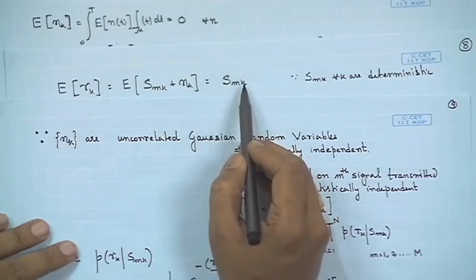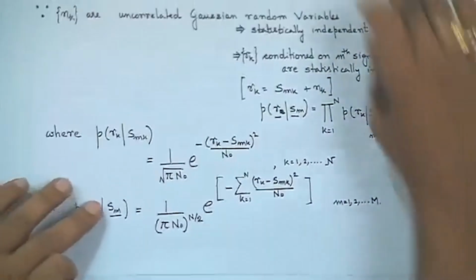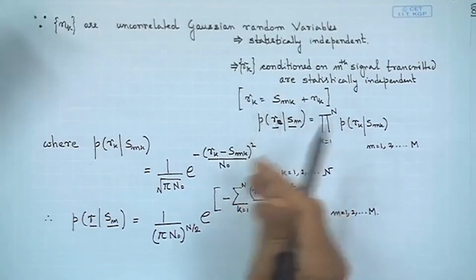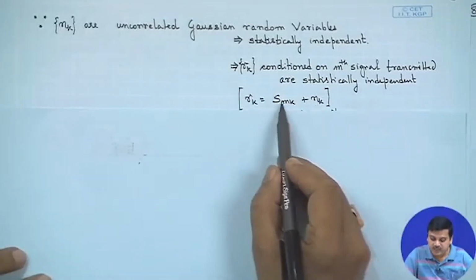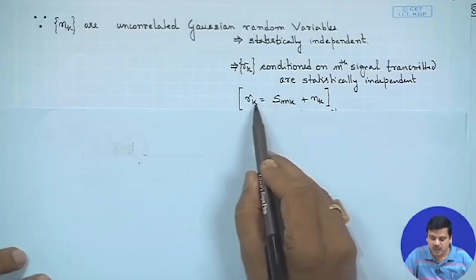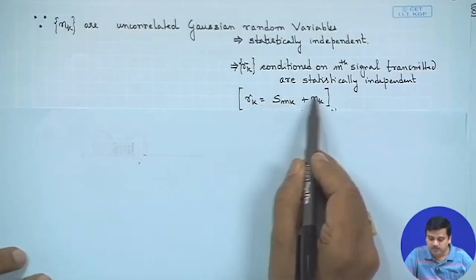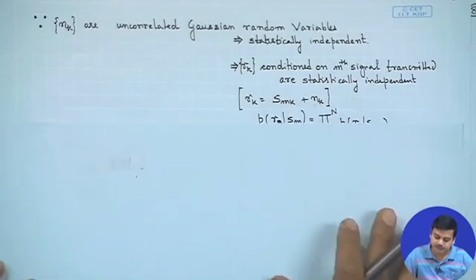If you take this as random, then of course, results would be different. So, we have R of k being equal to S m k plus n k. If this is given, that means the mean is known, then R k is also a Gaussian random variable with mean of S m k and variance of n naught by 2 as per this.